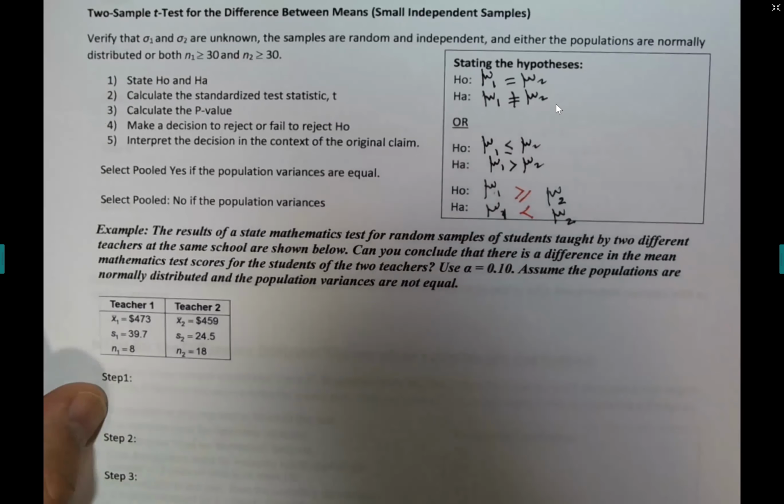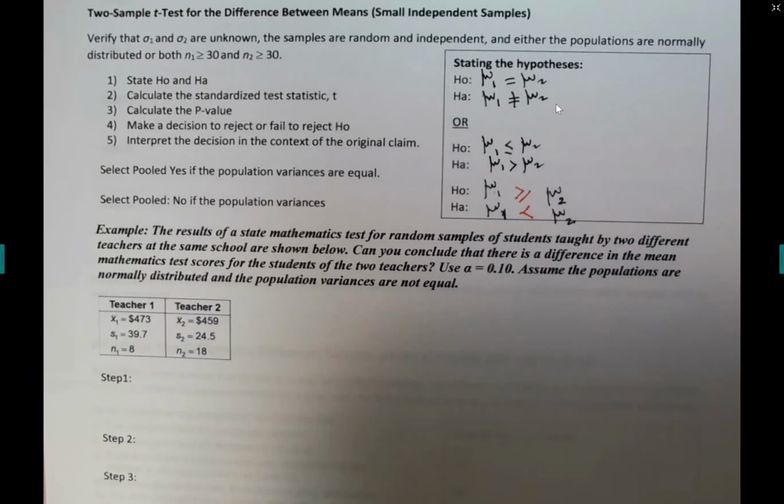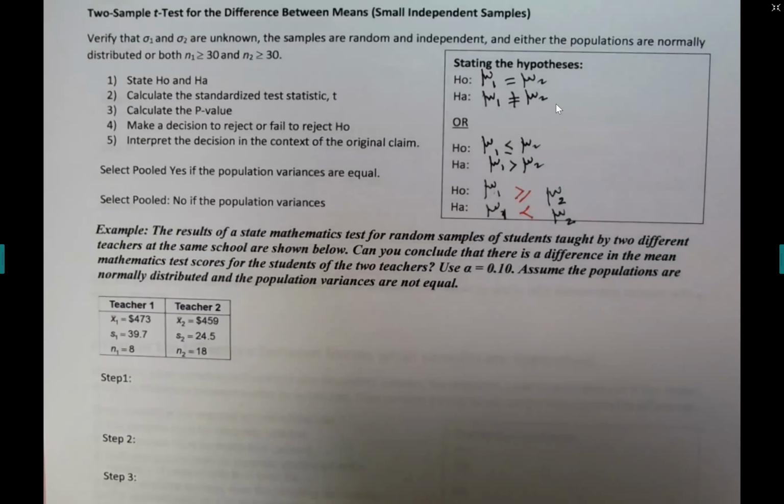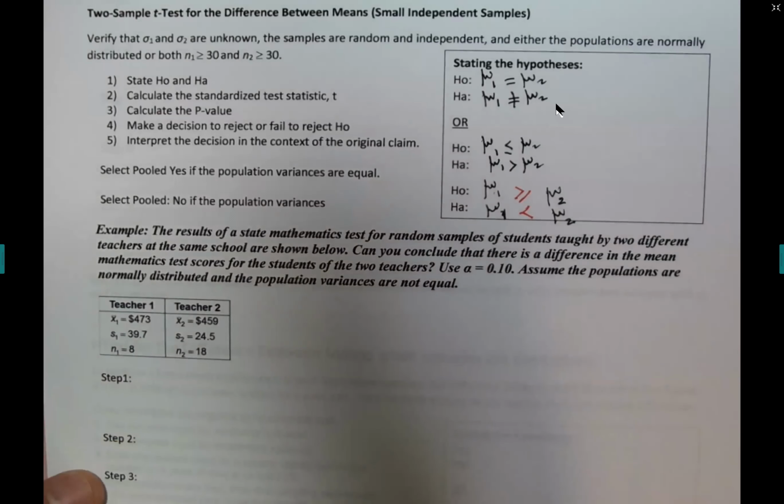Okay, so the conditions of the test are met. Eventually, guys, you might not be asked to verify the conditions of the test, because once he asks you to test the hypothesis, that means he's assuming that the conditions of the test are met. Just go to step number 1 and state H0 and HA. So, can you conclude that there is a difference in the mean mathematics test scores?